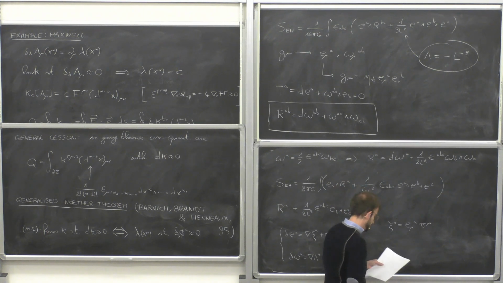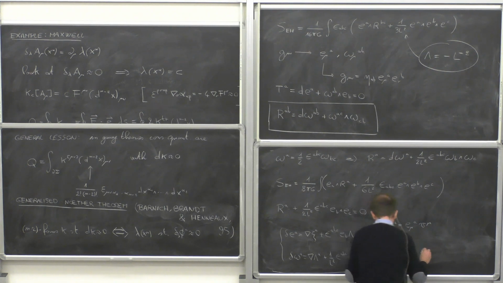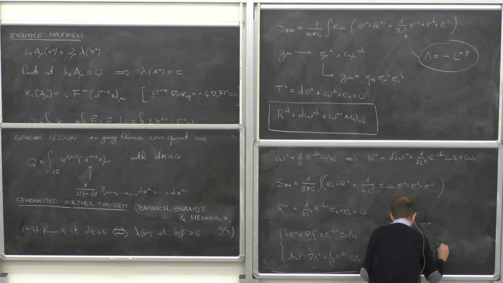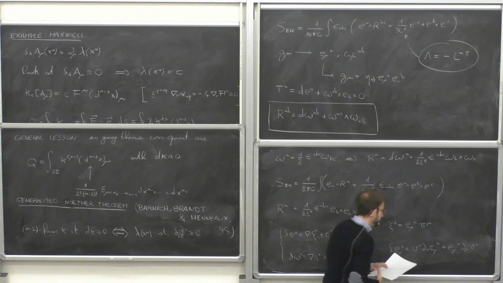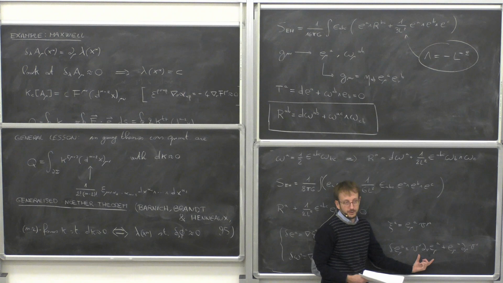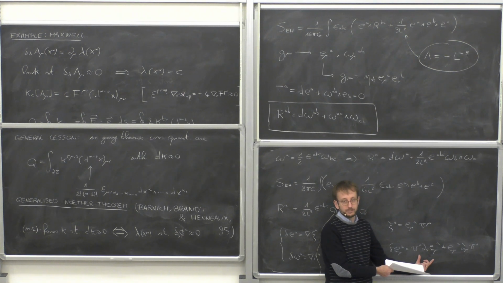If I introduce this kind of object, then the variation of the field takes the following form. And this is true up to local Lorentz transformations, that I don't care about, and on shell. So I have to use the equations of motion to do this.